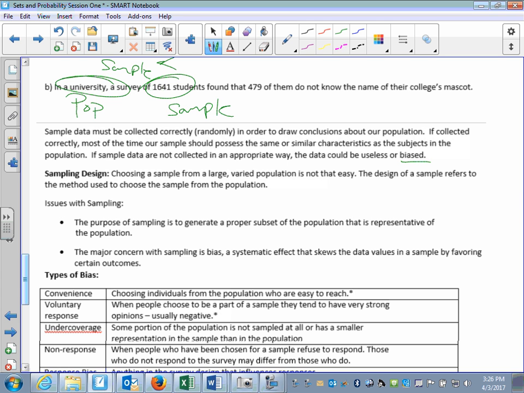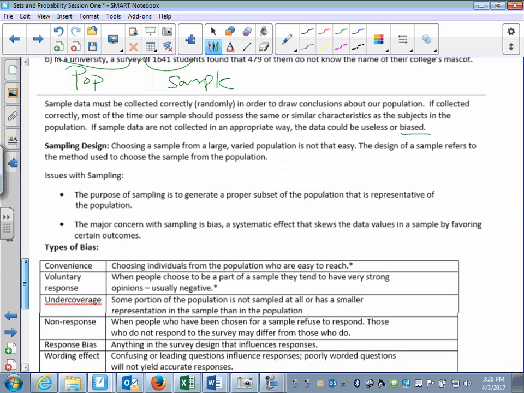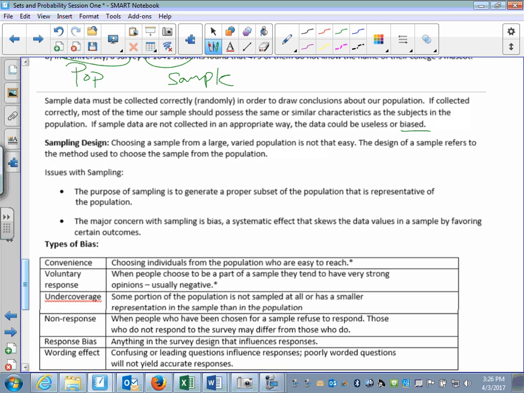Now, it is very important that when you're going to collect data, that you design the method of choosing your sample so that you don't introduce that bias. And that sometimes is not all that easy. There are all kinds of different biases that will show up, or there are reasons why sampling is not easy.